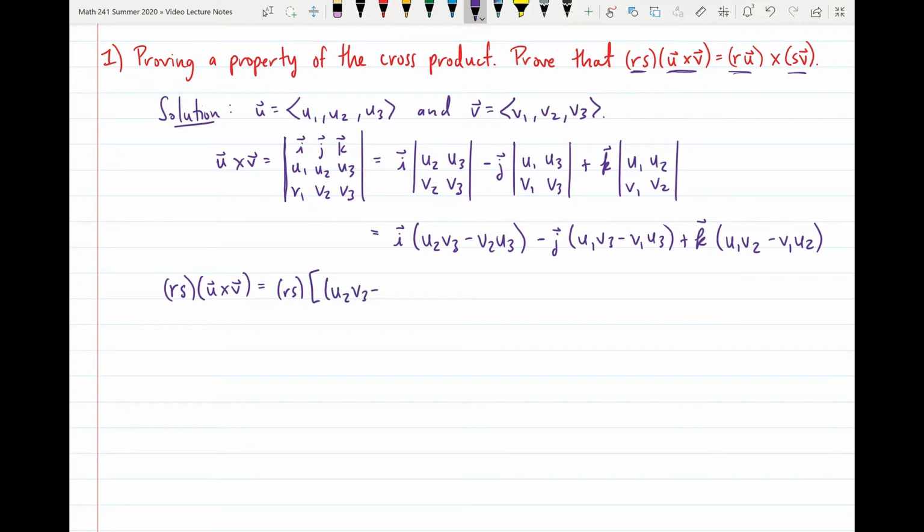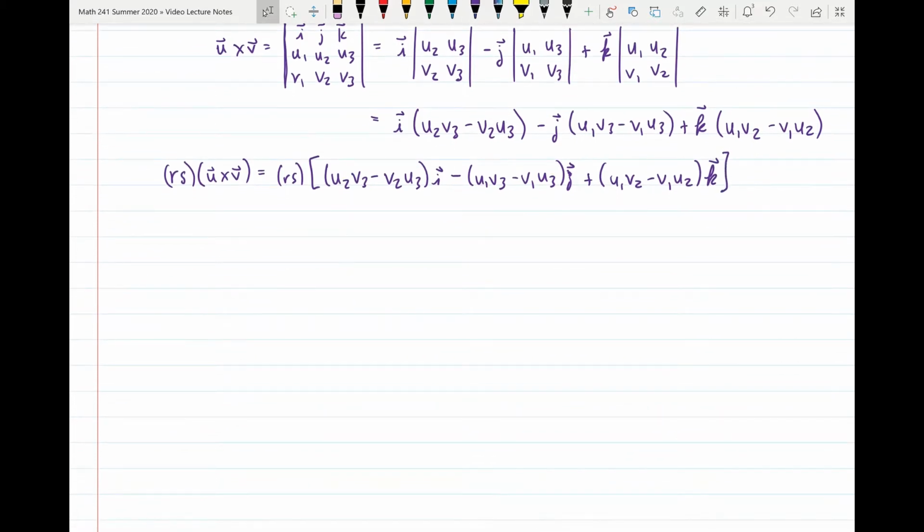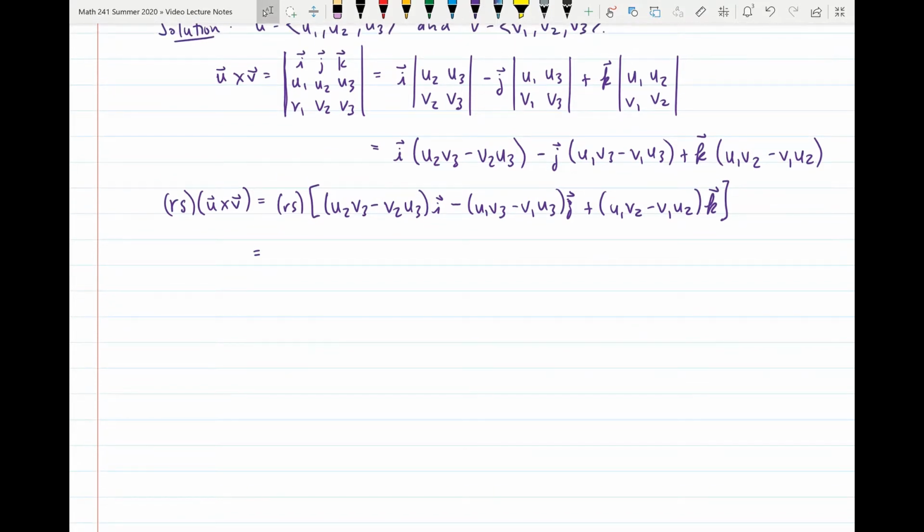So (u2 v3 minus v2 u3) i minus (u1 v3 minus v1 u3) j plus (u1 v2 minus v1 u2) k. And of course we can just distribute the scalar r times s through all of this.